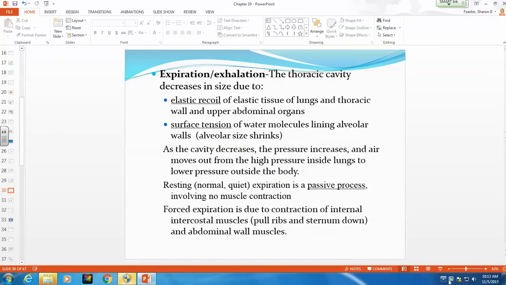Okay. Surface tension has to do with water molecules. Remember, water molecules are bound to other water molecules by hydrogen bonds. Do you remember that? They're because of the polarity of this molecule. All right, and so you got hydrogen bonding going on.